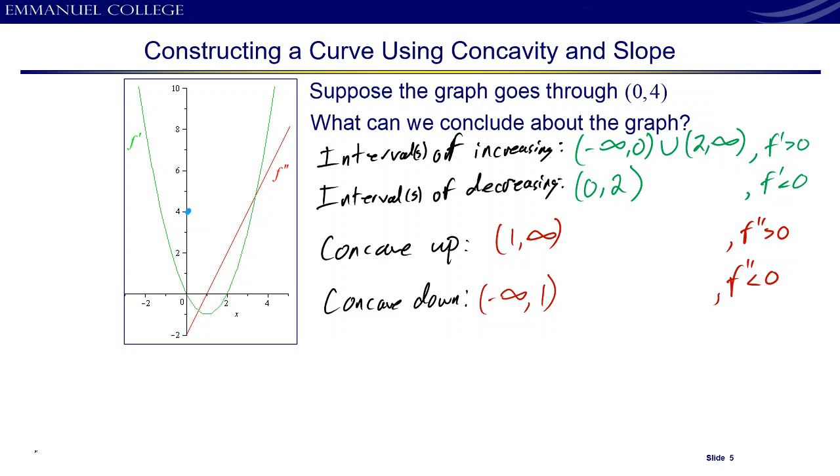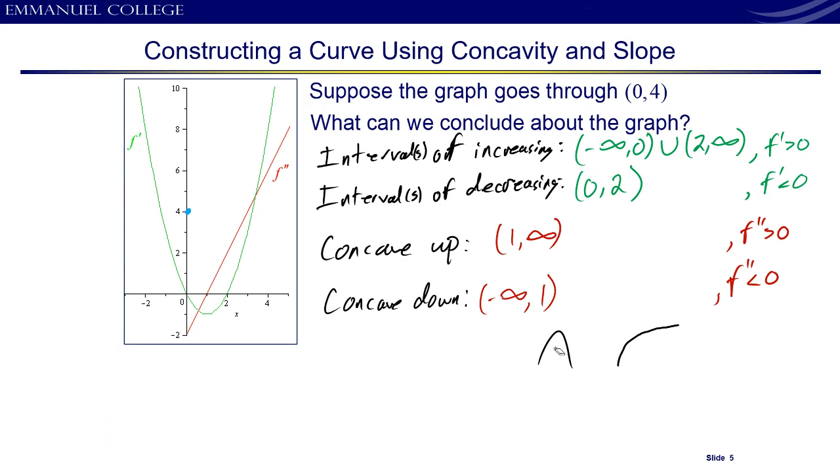Now, I can't promise that I can draw the function exactly, but I do have a good idea of how it needs to look. So remember, concave down looks something like this, or even kind of like that.